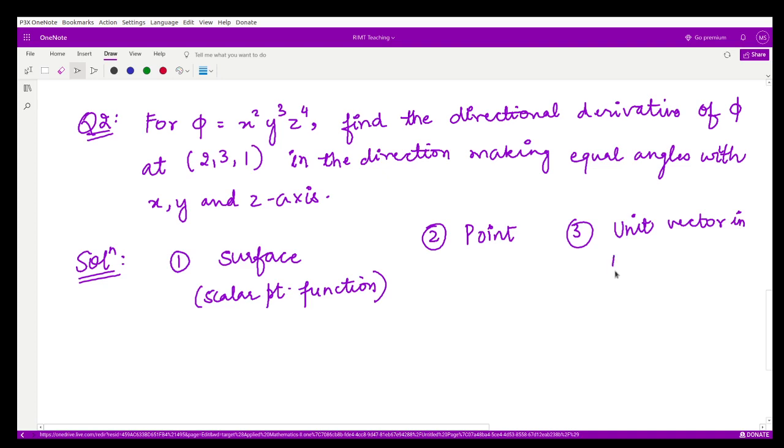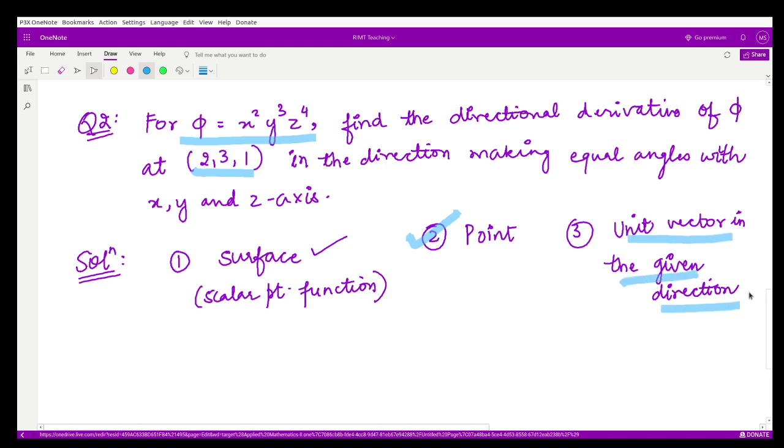So in this question, if you look at this problem, here the surface is given to you. This is given to be phi equal to x square y cube z power 4. Point is also given to us, which is 2, 3, 1. But the unit vector in the given direction, that is not given.